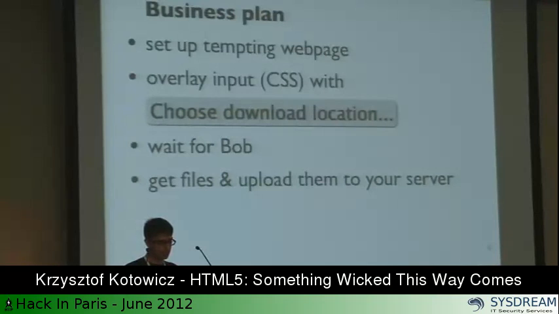And when he thinks that he's actually choosing a download folder for any file that the website wants to download to his hard disk, he's going to choose, for example, I don't know, his desktop or downloads folder. But instead of me downloading that file for Bob, he's uploading the whole directory to me, to the attacker, and I get access to all the files from the folder he chose.